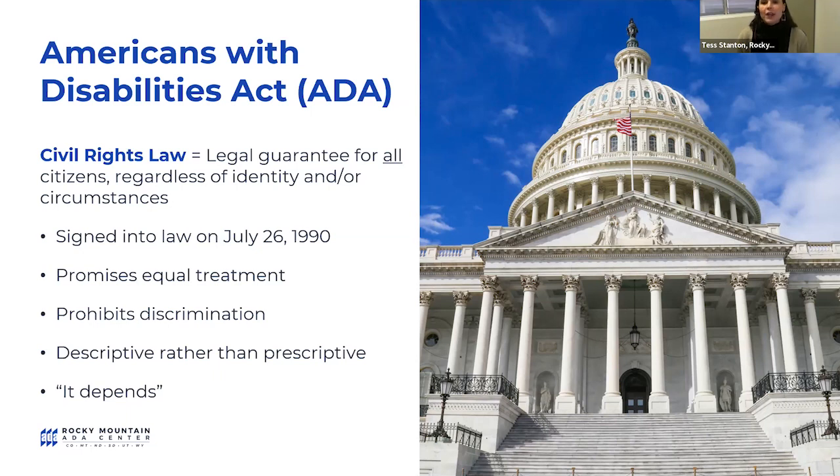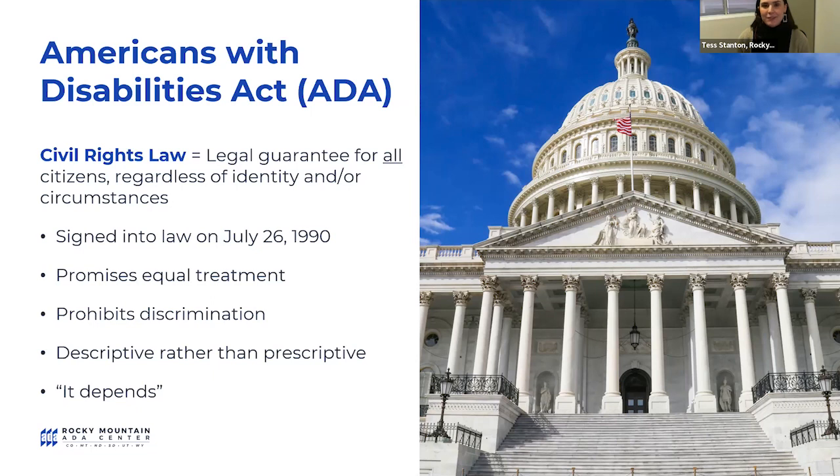retailers. We like to say that it's descriptive rather than prescriptive, meaning that it doesn't prescribe exactly what to do in every single situation because everyone experiences disability differently, but rather it describes generally what non-discrimination should look like. So the law very much needs to be applied on a case-by-case basis.